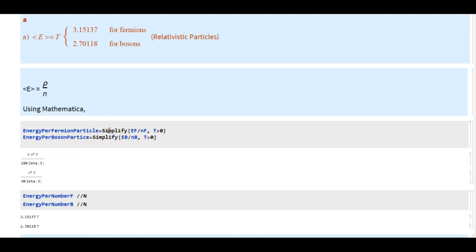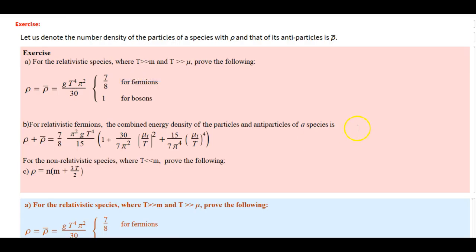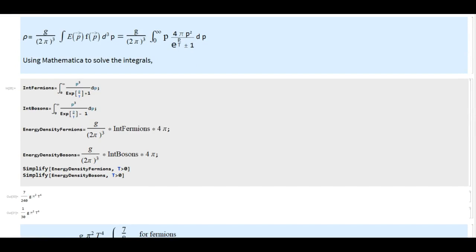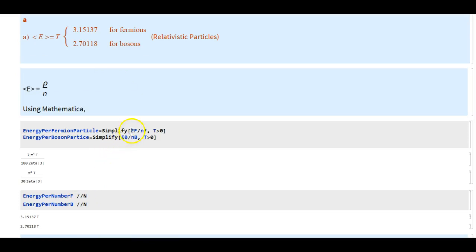So for the energy per fermion particle, if I go to my last Mathematica file, I have the energy density of fermions, this expression, and then the energy density of bosons. I changed the names of the variables, so I am going to make the changes here also.